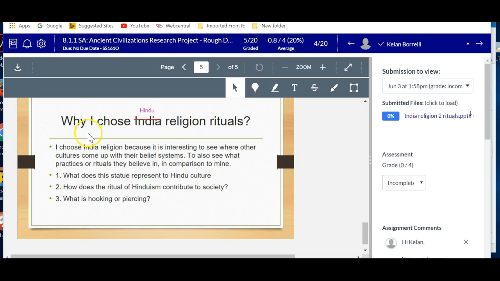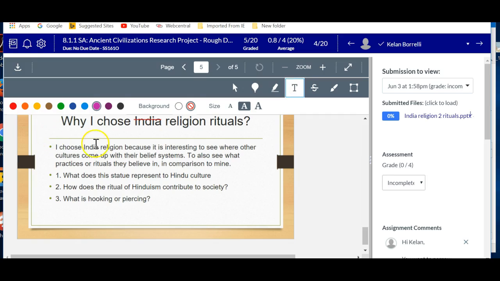Again, let's write the word Hindu. I chose the Hindu religion. And we're going to cross this out. I chose the Hindu religion because it is interesting to see where other cultures come up with their belief systems.